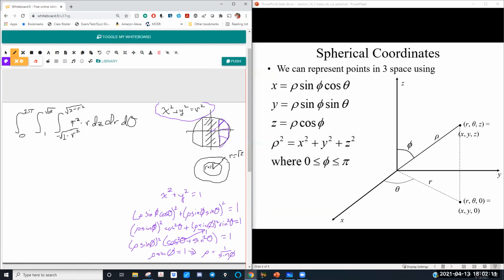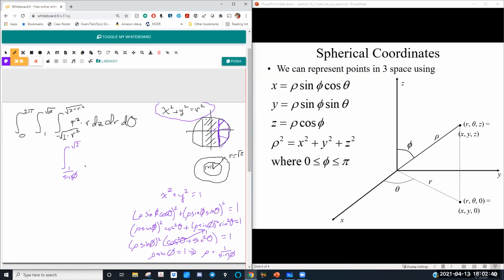That is this limit here, our lower limit on rho. So our lower limit is going to be 1 over sine phi, and then our outer limit is just the radius of our sphere. Square root of 2.